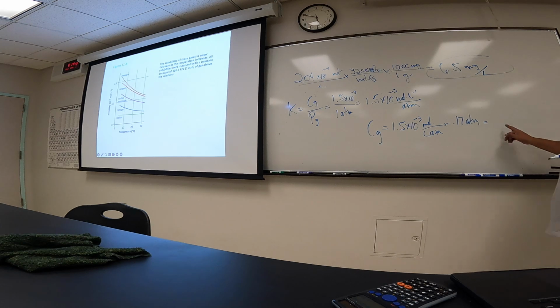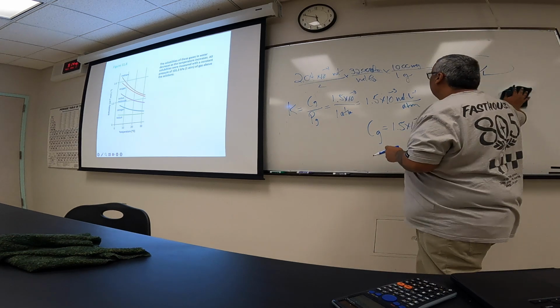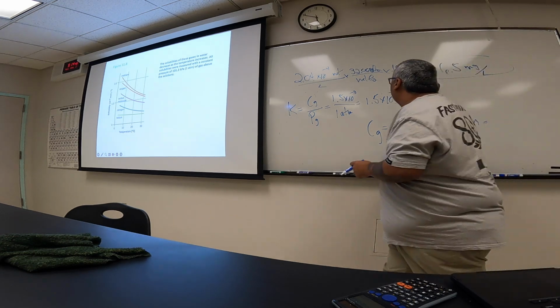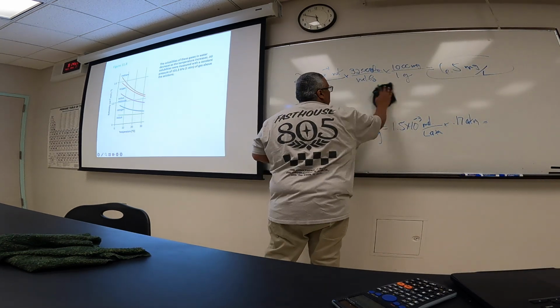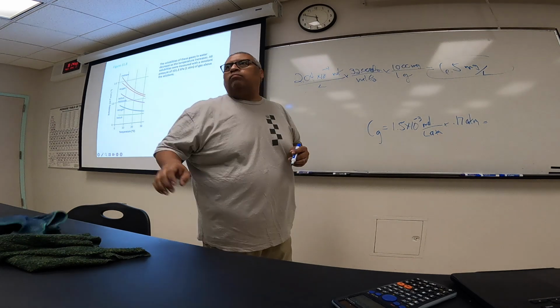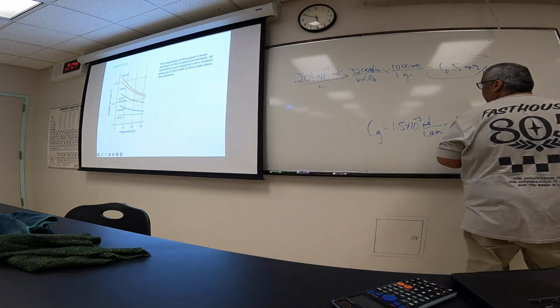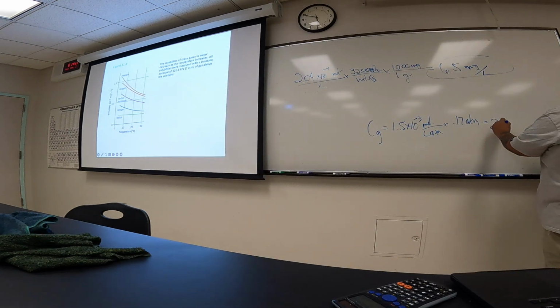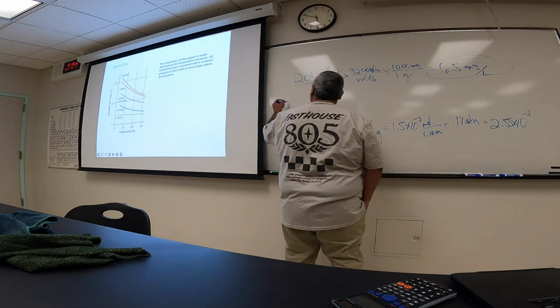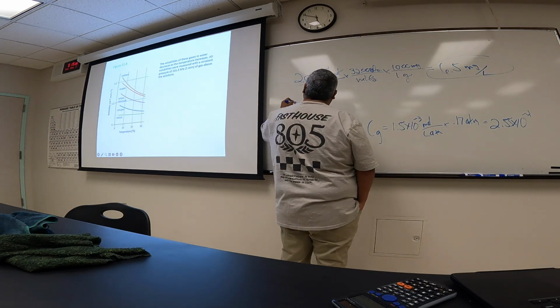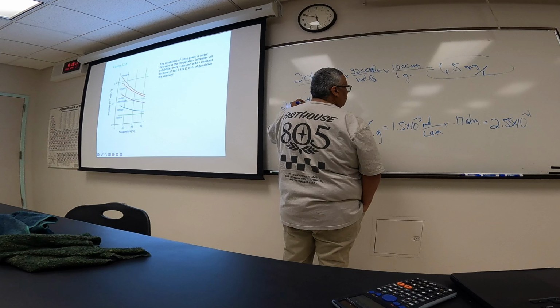So what is our new solubility here? We got 2.55 times 10 to the negative 4. So now we'll take that. So we have 2.55 times 10 to the minus 4.